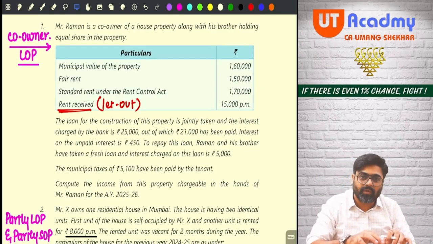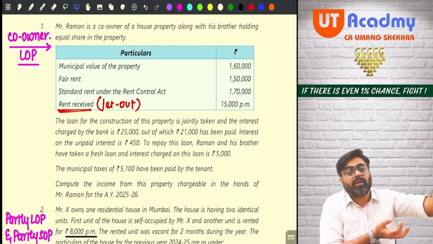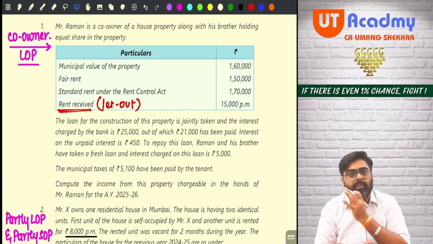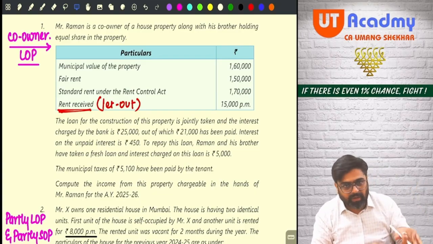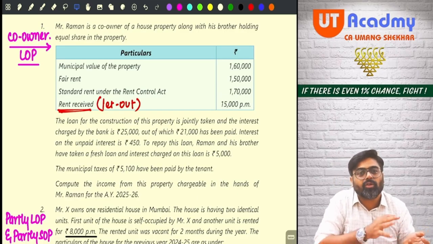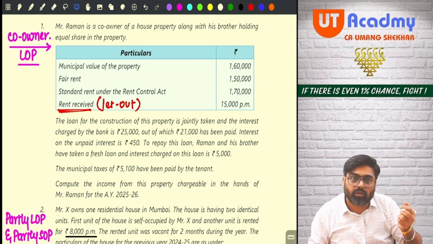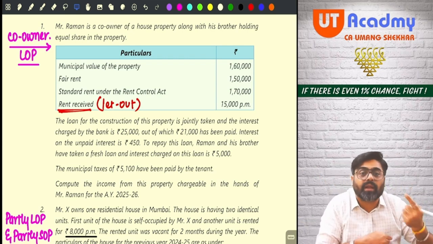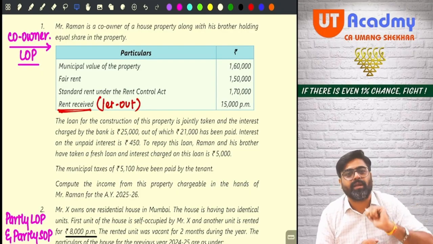Then that housing loan, during the previous year itself, some other loan was taken and this loan was repaid. So now the new loan is taken during the same year, but even that becomes your housing loan, no? So now your old loan is replaced by a new loan, and on that new loan also for the current year there is some interest. Even that interest is eligible for deduction under 24B.